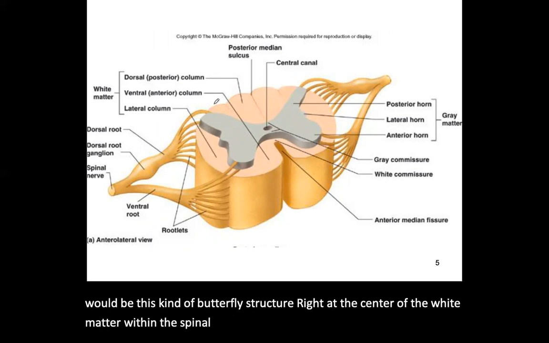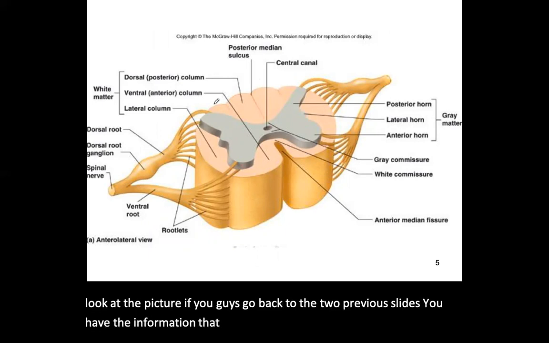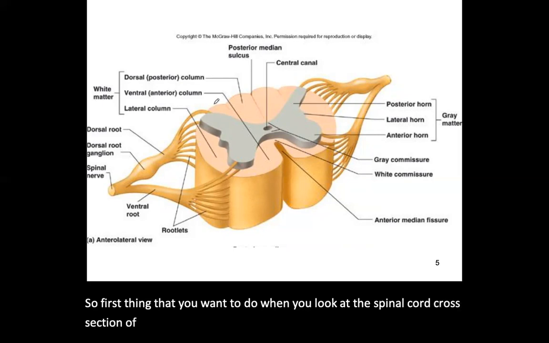So let's try to identify this. I'm going to look at the picture. If you go back to the 2 previous slides, you have the information that I'm depicting on the image right here. The first thing that you want to do when you look at a cross-section of the spinal cord is to identify the anterior and posterior aspects.